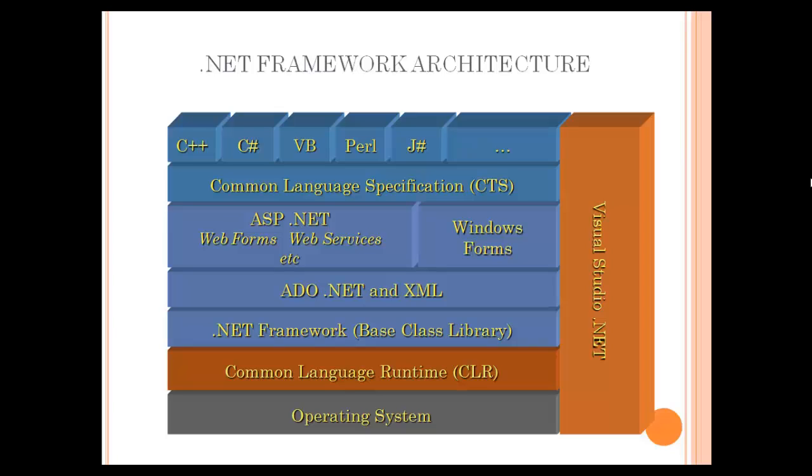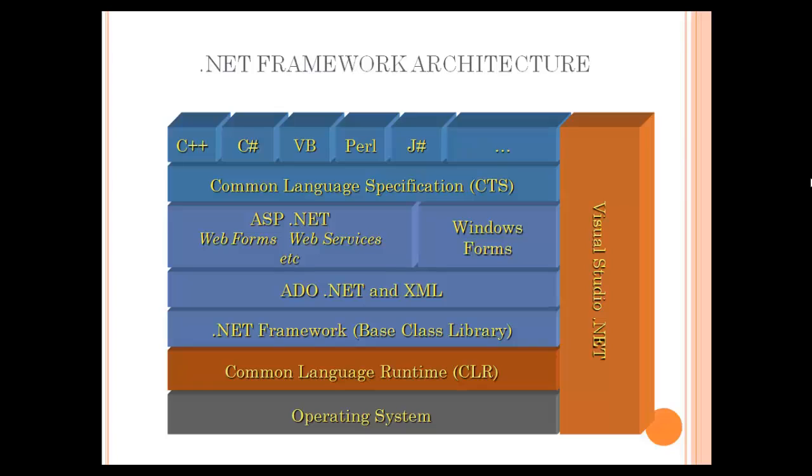At the top it's showing C++, C#, VB, Perl, etc. Below that we have the CTS, common type system. ASP.NET is a technology used to develop web applications. We can use VB or C# to write code on ASP.NET.